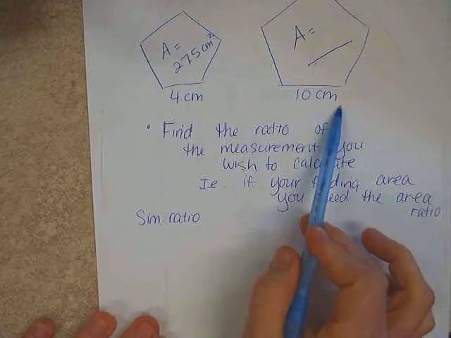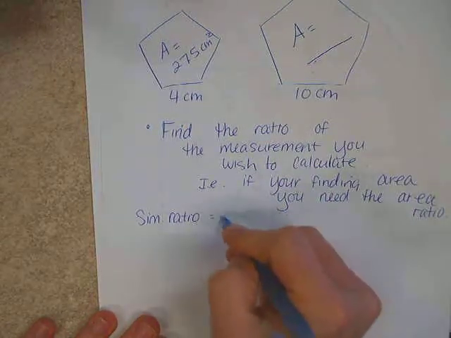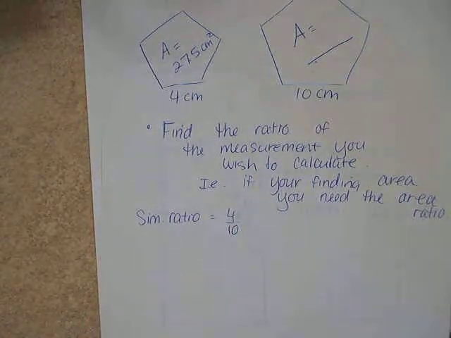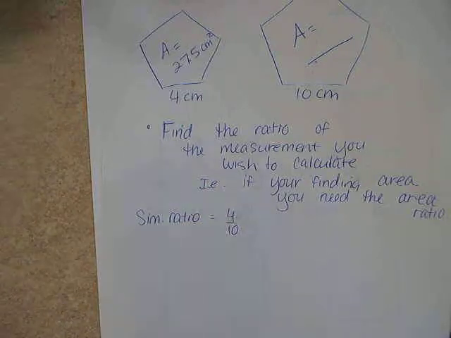So we don't have the area ratio, but we do have side lengths, okay? So the similarity ratio is going to be 4 to 10. Now, when you're using it to turn around and find the area, it's up to you. You won't have to simplify it unless it's not in the form that's useful, okay?